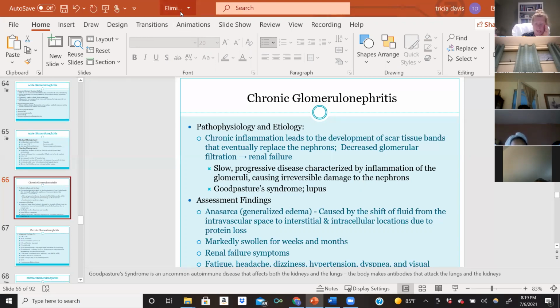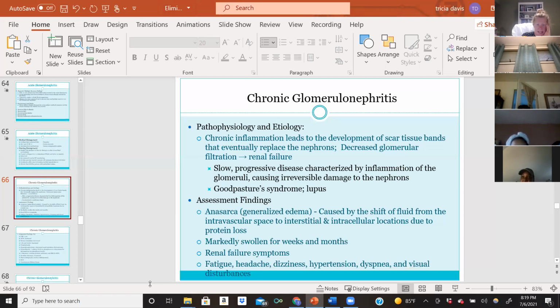Assessment findings in these patients, we may see anasarca. Anasarca is a nursing word for generalized edema. We see this edema because of the shift of fluid from the intravascular space to the interstitial and intracellular locations because of protein loss. That is extremely important. You need to know that.